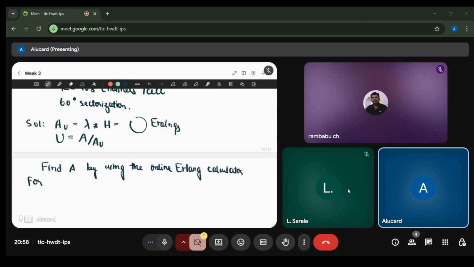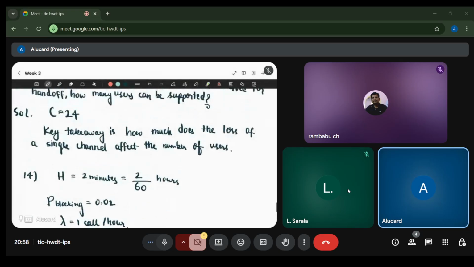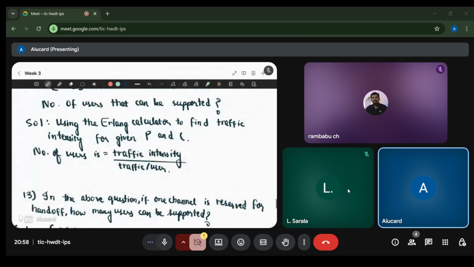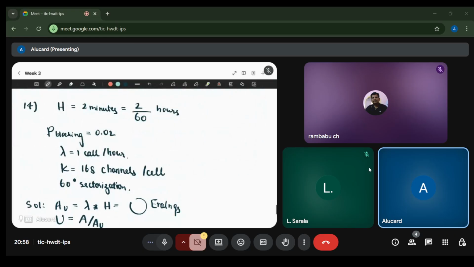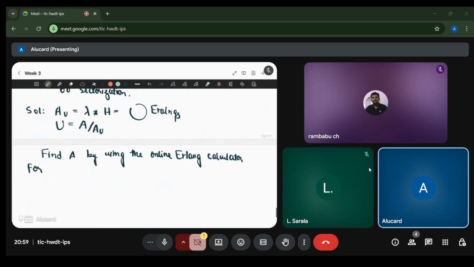For now, the number of channels per cell is 168 channels per cell, and P blocking is 0.02.